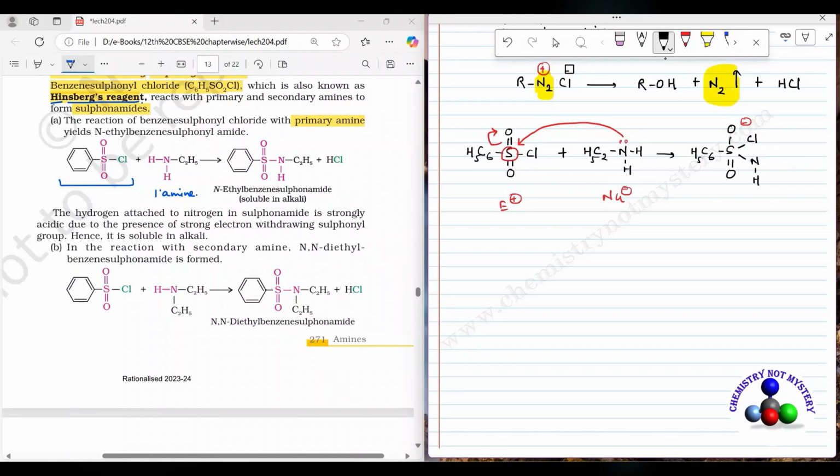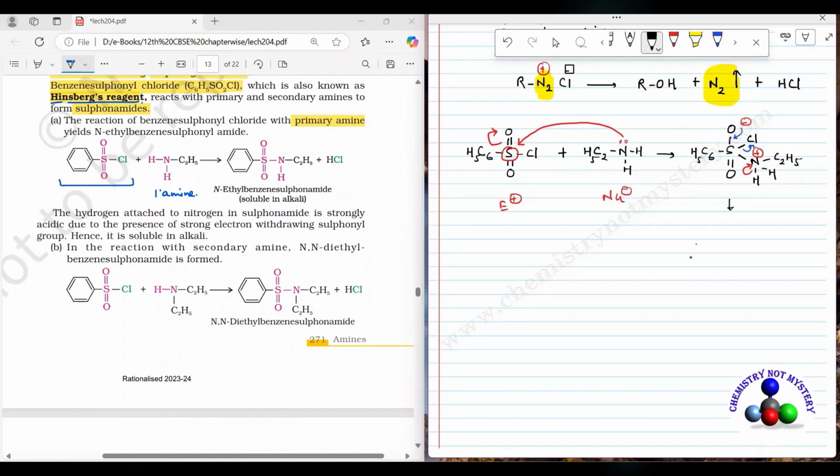Nitrogen is already bonded with two hydrogens, and on the other side with C2H5. Now this nitrogen has developed a positive charge. To neutralize the positive charge, hydrogen leaves the molecule without its bonding pair of electrons. Now this negative charge moves back between oxygen and sulfur and expels Cl in the form of Cl negative ion.